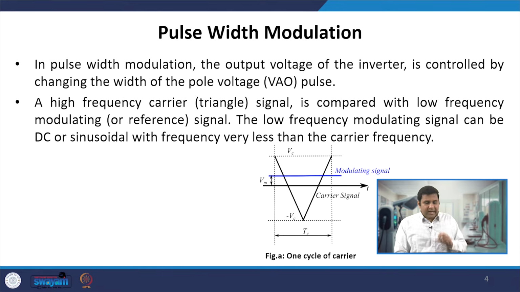Now to do that, a very commonly used modulation technique called pulse width modulation is used, where the output voltage of the inverter, which is nothing but the pole voltage, is controlled by changing the width of the pole voltage VAO.